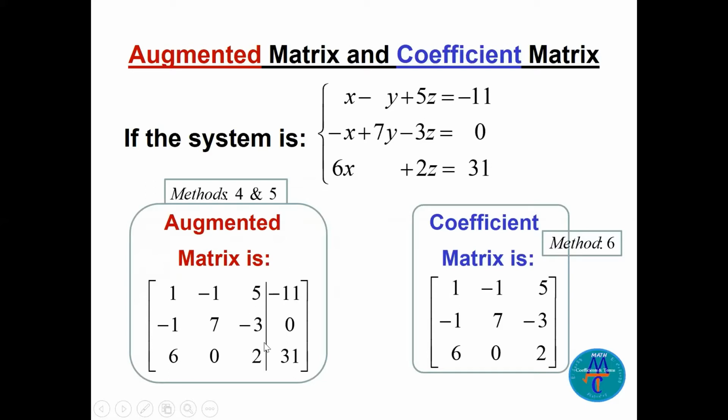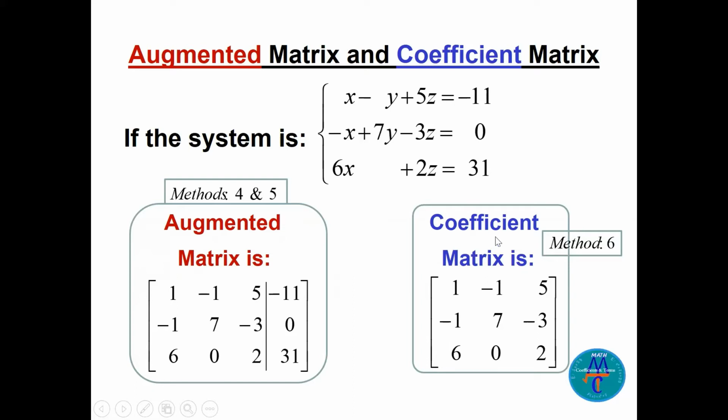And then we put a bar. Some people, they don't put a bar here. And then we put all the constants on the other side, minus 11, 0, 31. If you do like this, this is the starting point of methods 4 and 5. Method 4 is lecture 31. Method 5 is lecture 32.